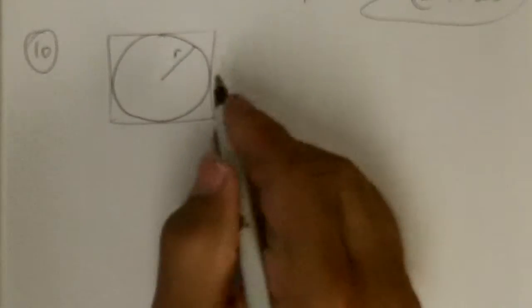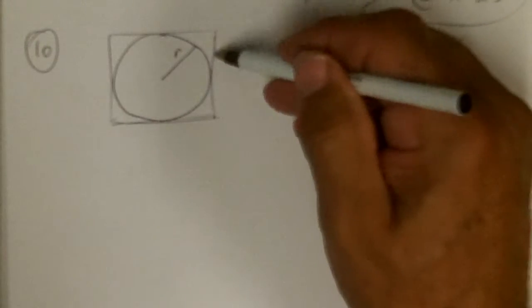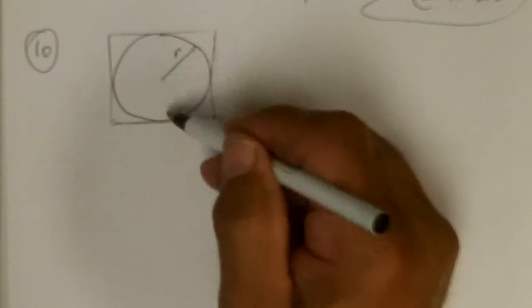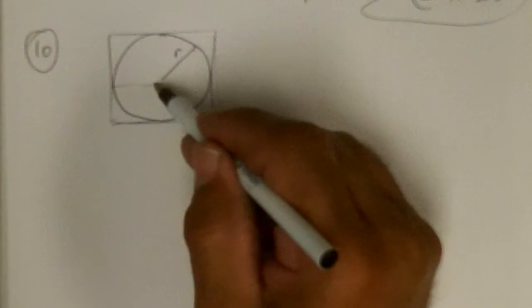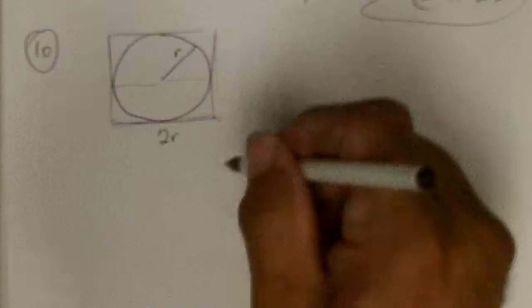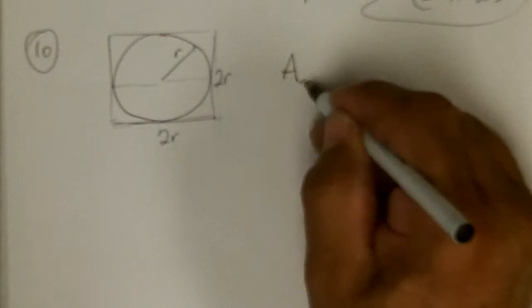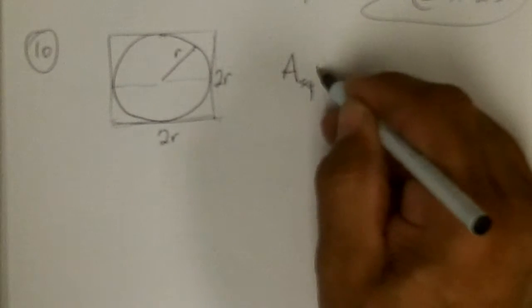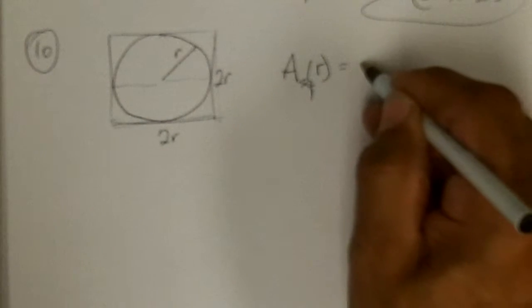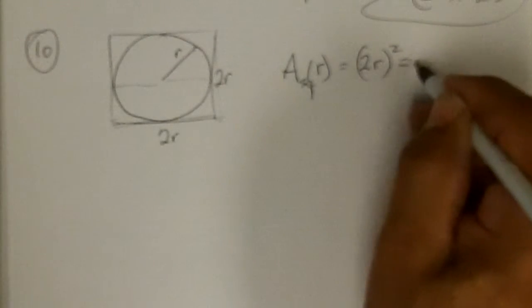The square is base times height, but if this is the radius, and this is the radius, and that's the radius, so this side has to be 2 radiuses wide and 2 radiuses tall. So the area of the square as a function of r is 2r times 2r.